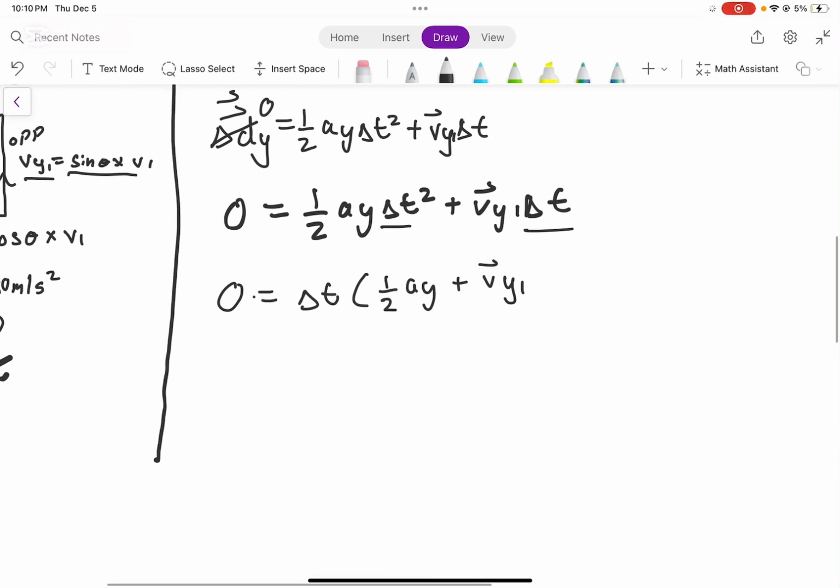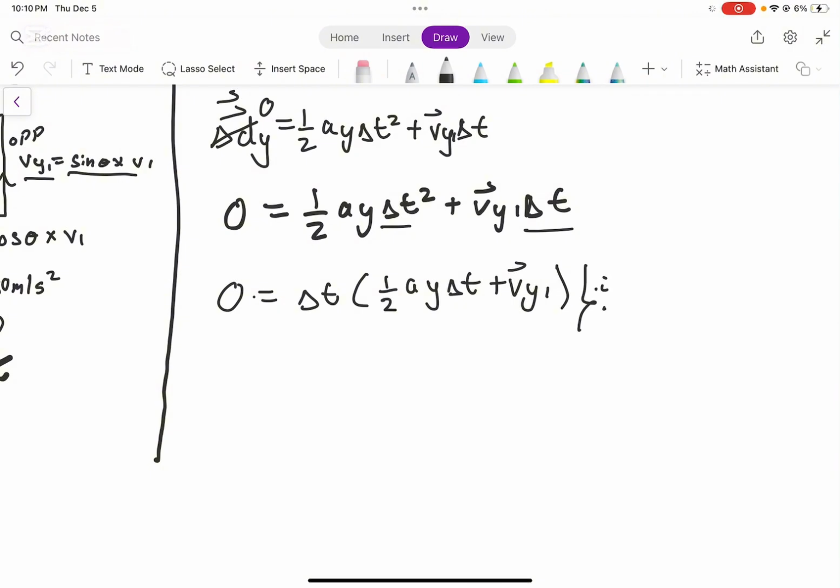Pardon me, I forgot a delta t here, so I'll just rewrite that. It's ay delta t plus vy. And now we have our new equation.